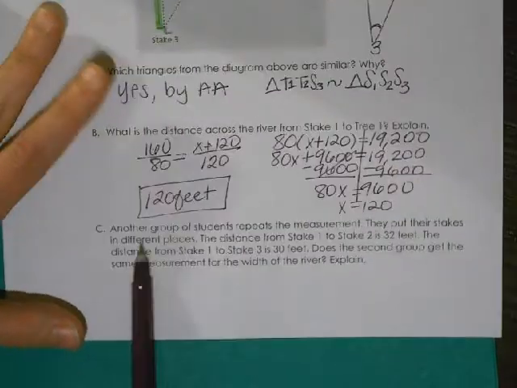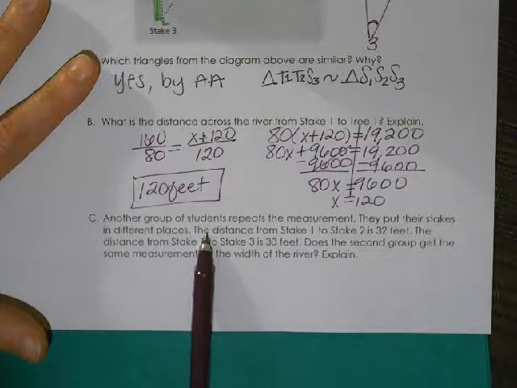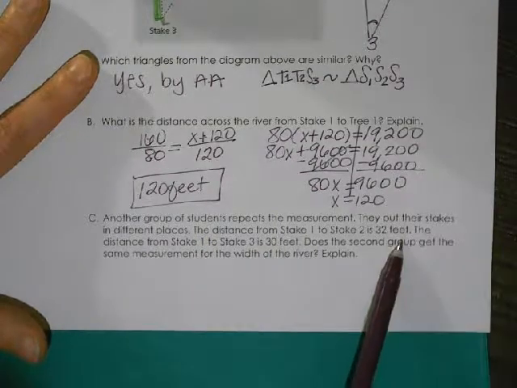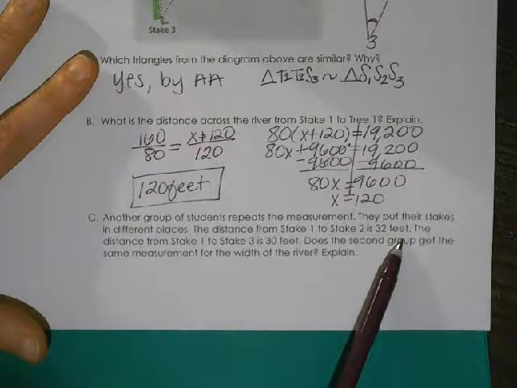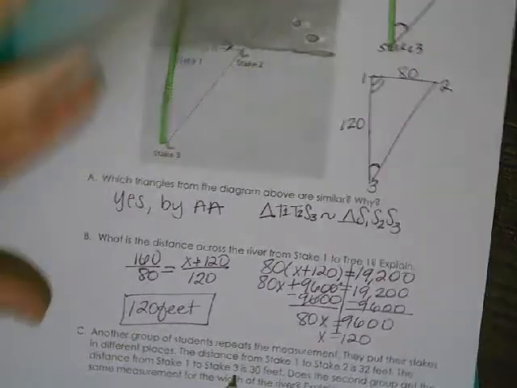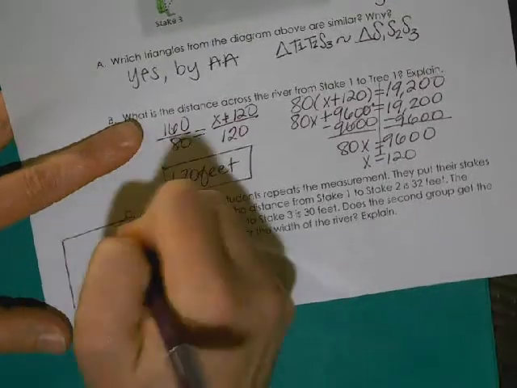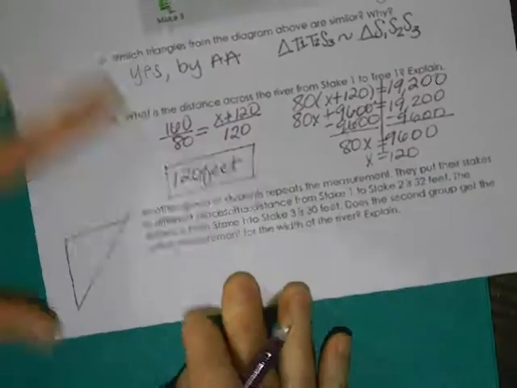So part C says, hey, another group of students repeats the measurement. They put their stakes in different places. So now the distance from stake 1 to stake 2 is 32 feet instead of the 80 feet that it was originally. And the distance from stake 1 to stake 3 is 30 feet instead of 120. So let's draw a separate picture. We're going to draw the same picture again.